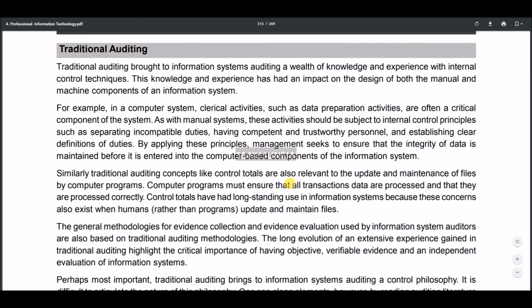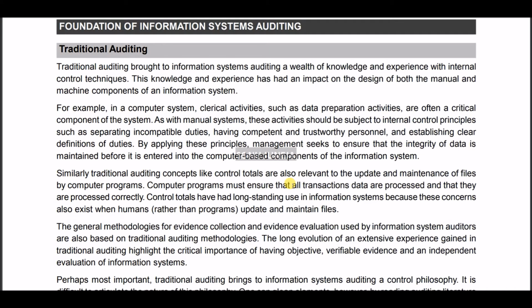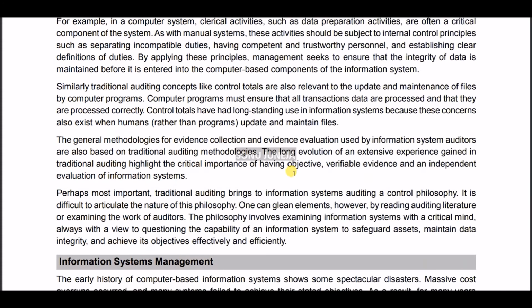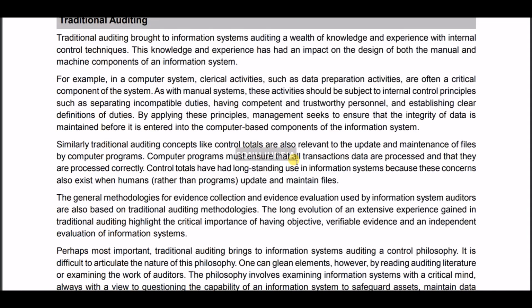So from the entire paragraph, what I got to know is that traditional auditing is basically auditing of information systems with the knowledge and experience of internal control techniques. It can be done, it is the design of both manual and machine components of an information system, which is very true.